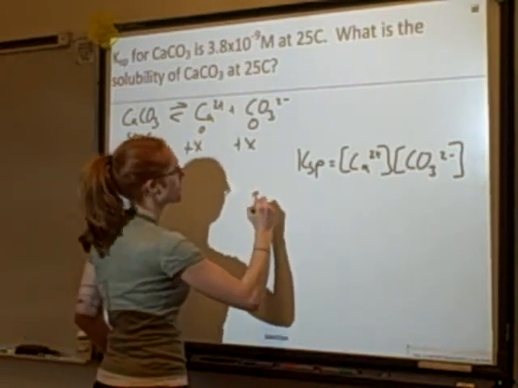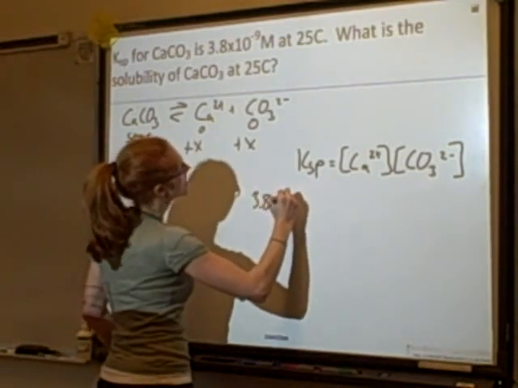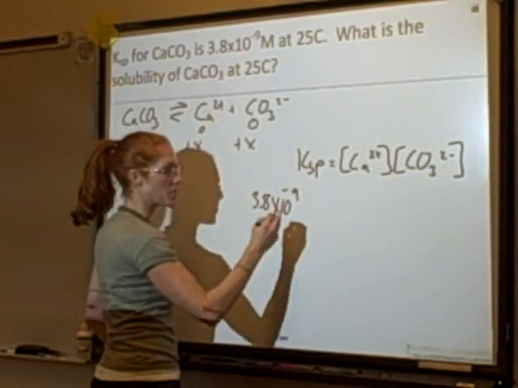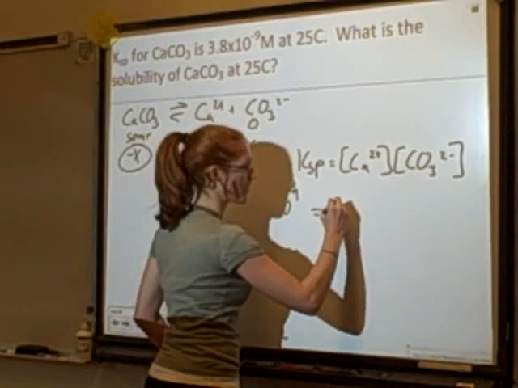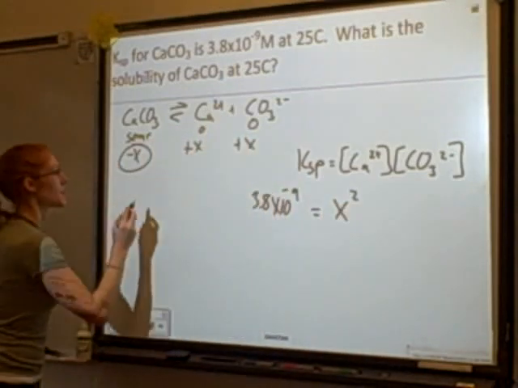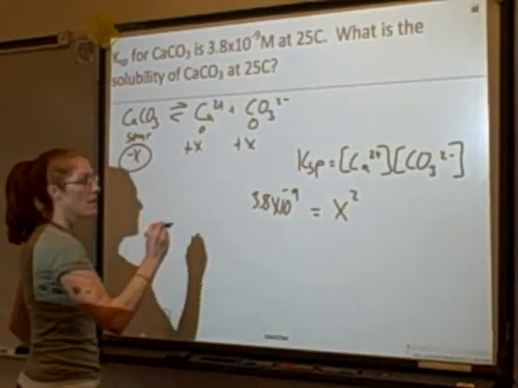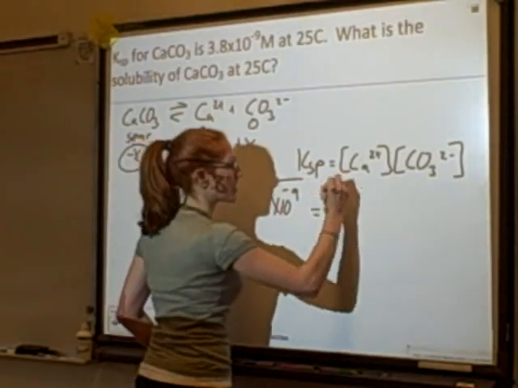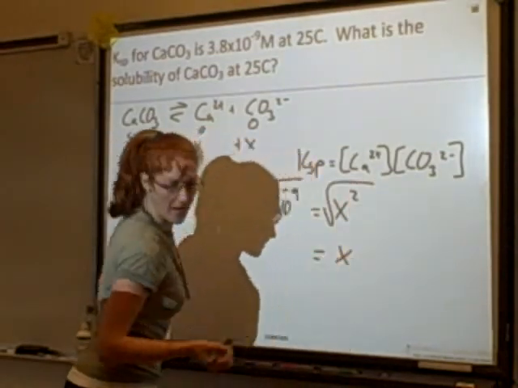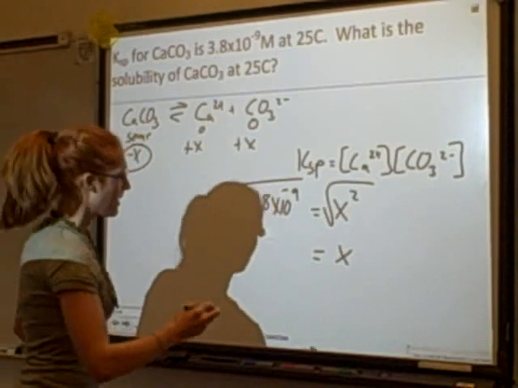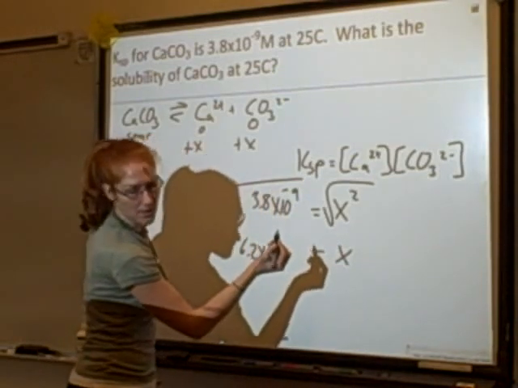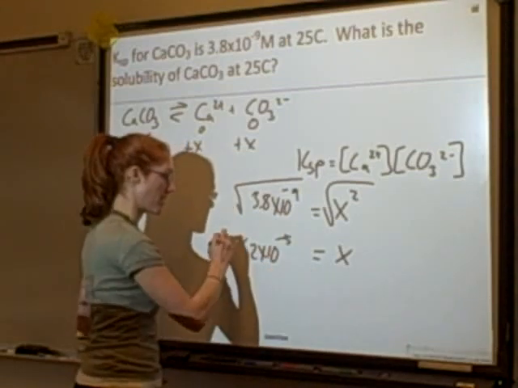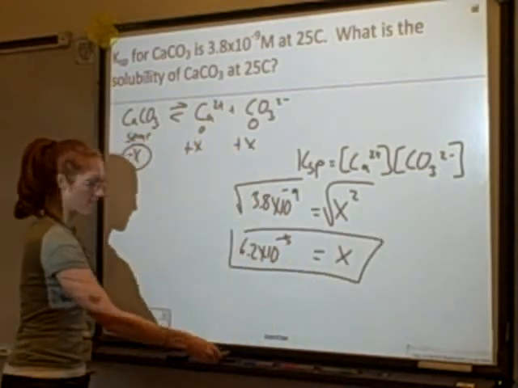So I can say 3.8 times 10 to the negative 9 is Ksp equals these guys, and they're equal to each other, so x times x, or x squared, and then x is actually going to tell me my solubility. So I will square root both sides, and I'll find out that x, which is the solubility, is 6.2 times 10 to the negative 5th. Okay, so that is the solubility of calcium carbonate.